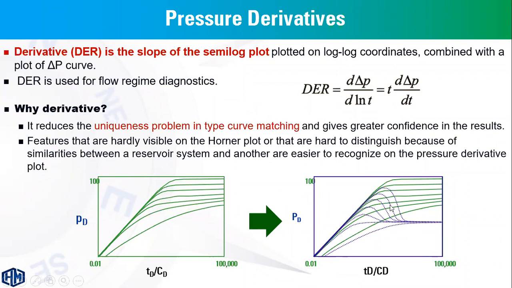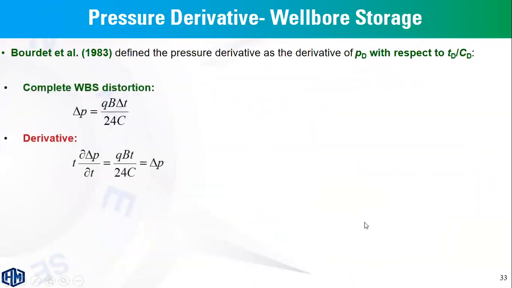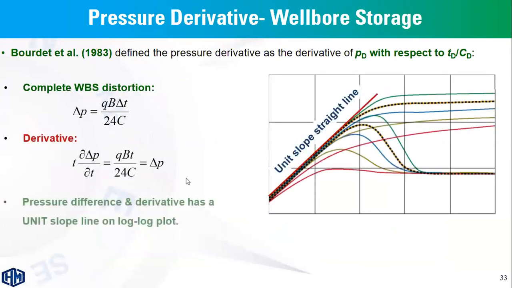But with the pressure derivative, you will match your data on two different curves. The first curve is the pressure difference, and the second curve is the pressure derivative. So this is the type curve: this curve is the pressure difference, and this one is the pressure derivative.